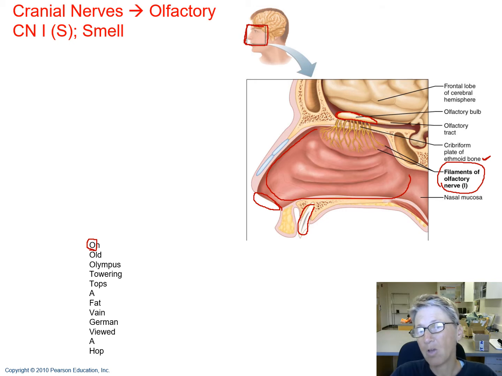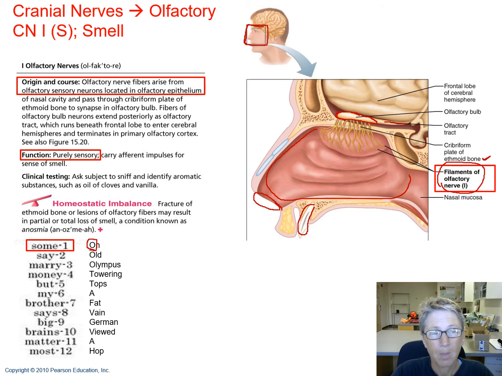But then the axons of the neurons from the olfactory bulb will travel in the olfactory tract into the brain. So then what I'm going to do on each of these cranial nerves, there'll be kind of a stat sheet on the side. So it'll tell you the origin and course of the nerve.